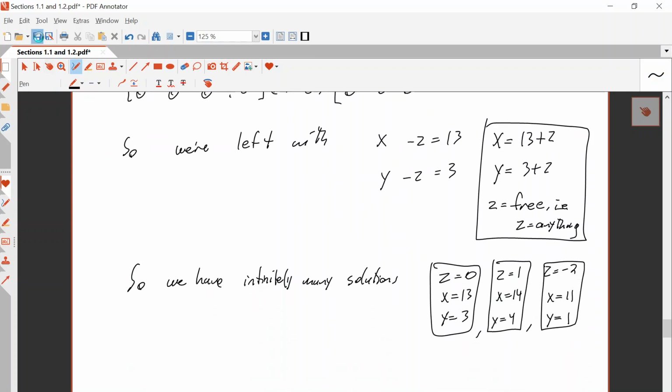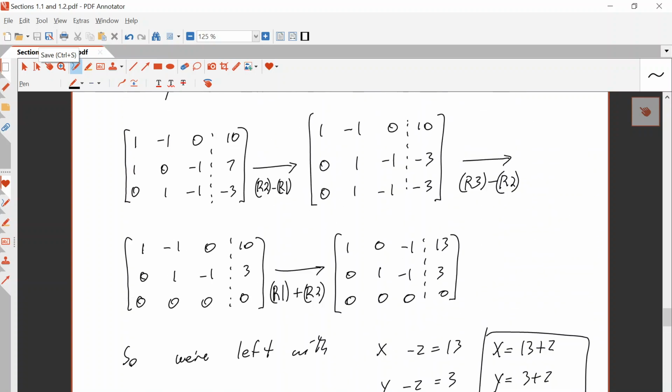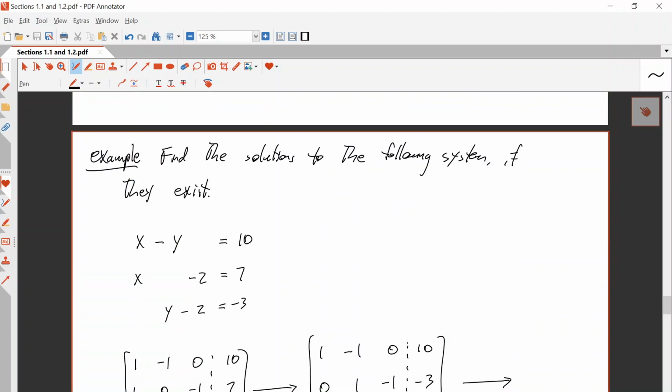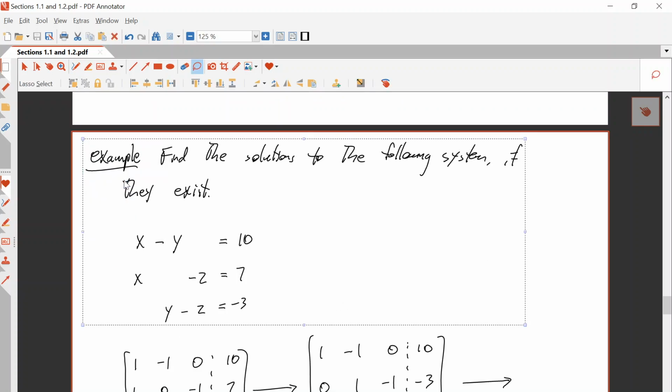All right, what about an example that doesn't have any solutions? Well, if we just tweak this example here just a little bit, we can get an example like that.